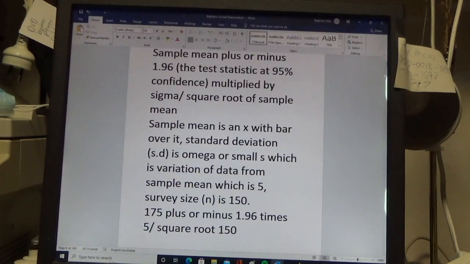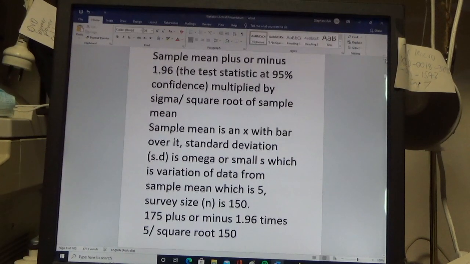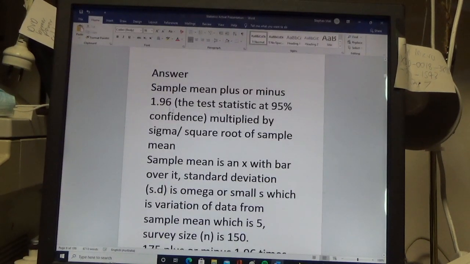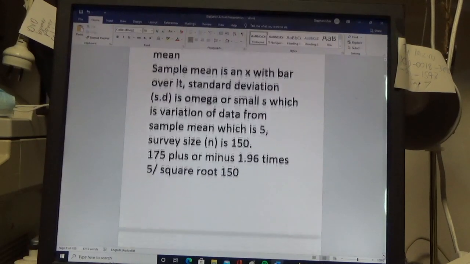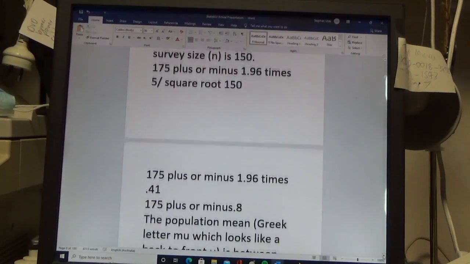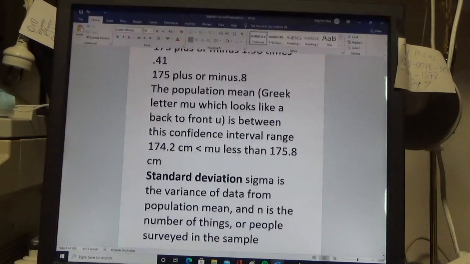So what's the test statistic again? It's the sample mean minus the population mean over standard deviation over the square root of the sample size. The Z statistic and the T statistic have the same formula, which is good because you're in an exam situation.